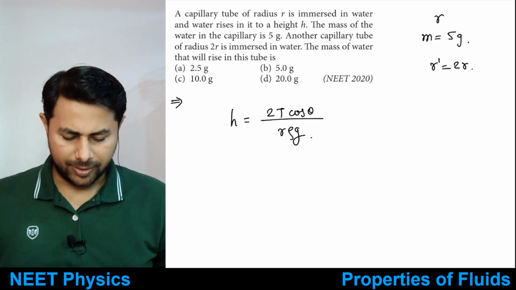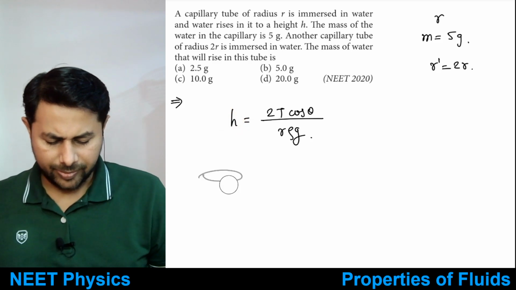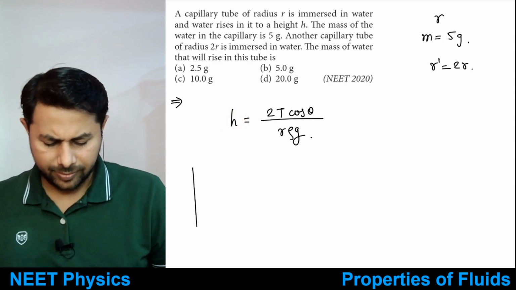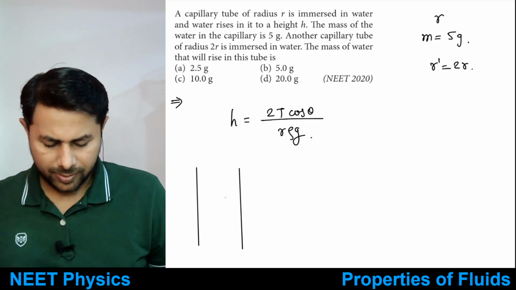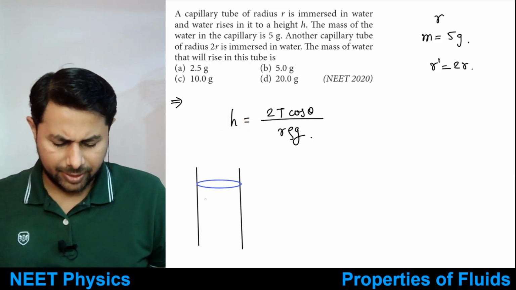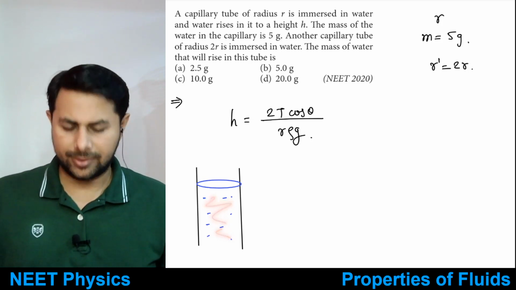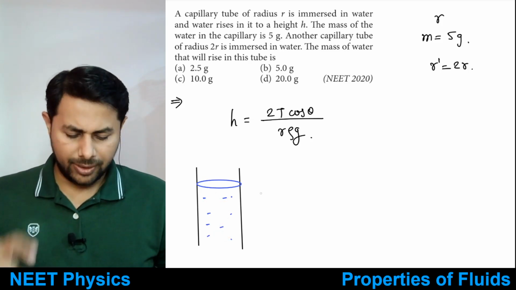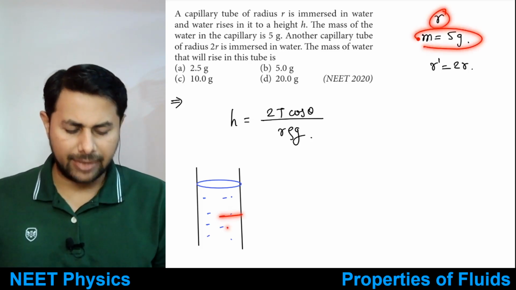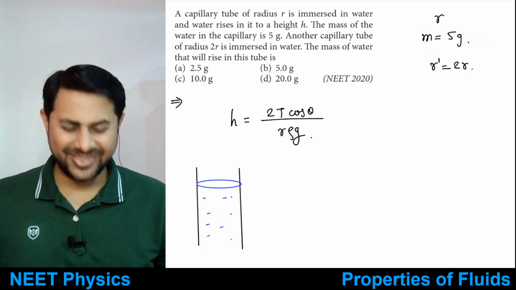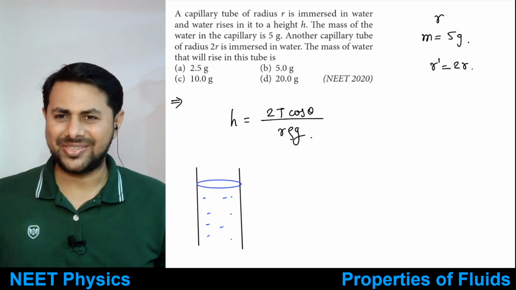This is the formula, right? Now suppose some liquid rises up in the capillary tube. This liquid will have some mass. In the first case, the radius of this tube is r, so the mass was 5 grams. Then the radius becomes 2r. So what will be the mass? This is the question.